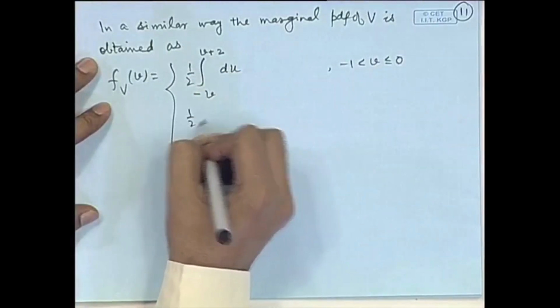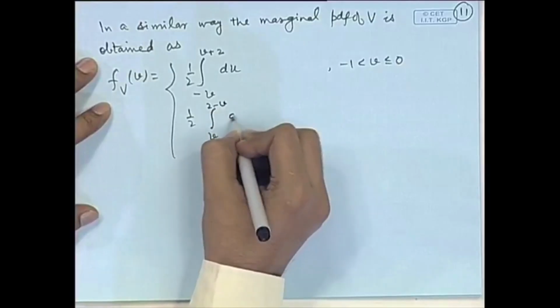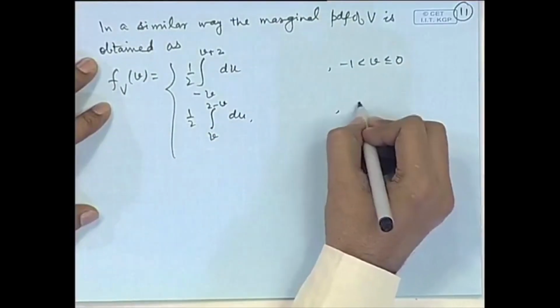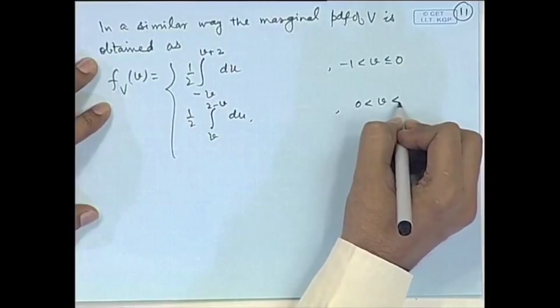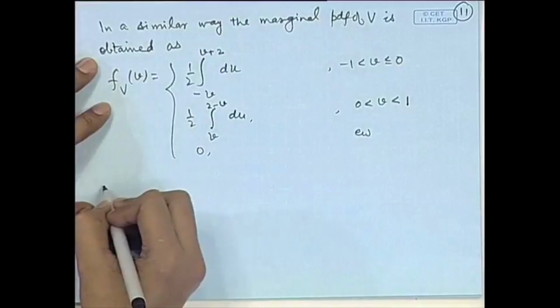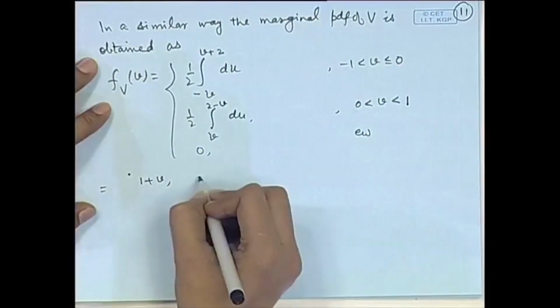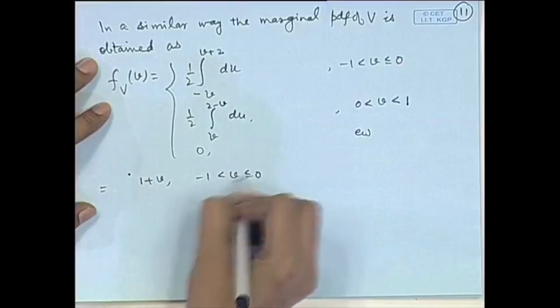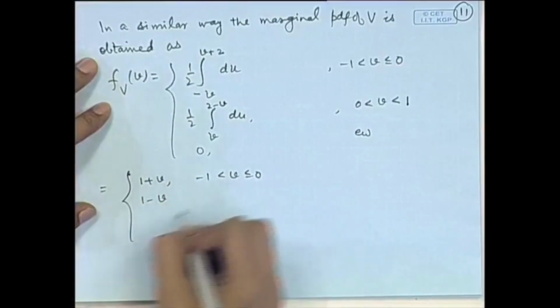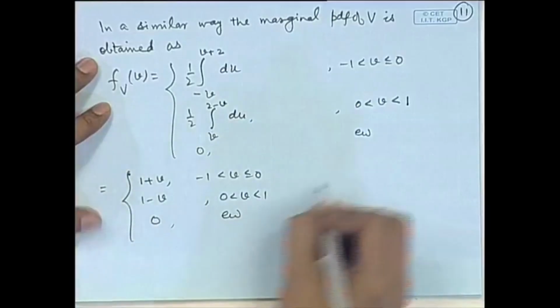It is half integral from v to 2 minus v du for 0 less than v less than 1 and 0 elsewhere. So, after simplification this turns out to be 1 plus v for minus 1 less than v less than or equal to 0 and 1 minus v for 0 less than v less than 1, 0 elsewhere.